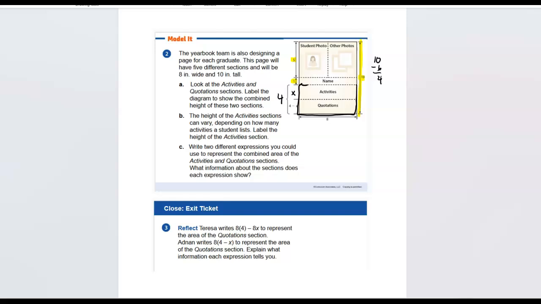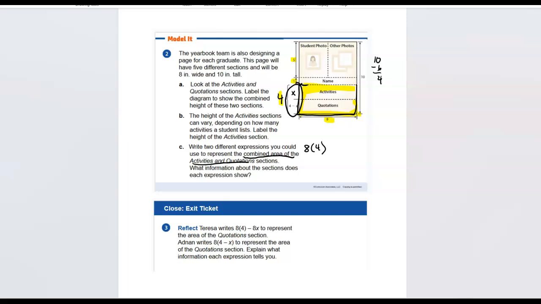So now we're going to write two different expressions to represent the combined area of the activities and quotation section. So just this part of that. We know that the bottom number is 8, and this side number is 4. So that's one expression, 8 times 4. The other way we could do it is break it up and be a little bit more specific.